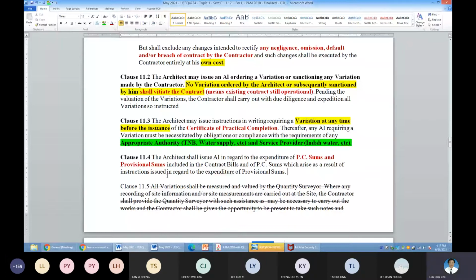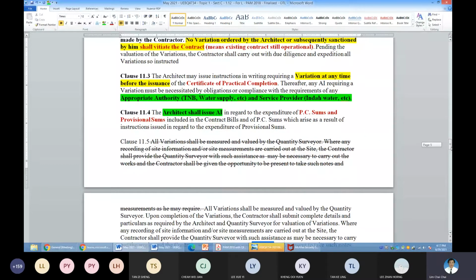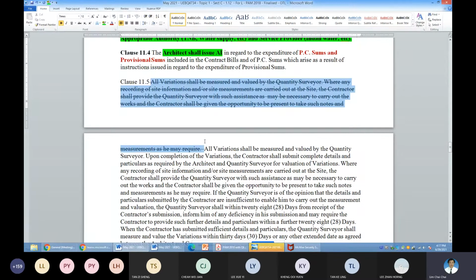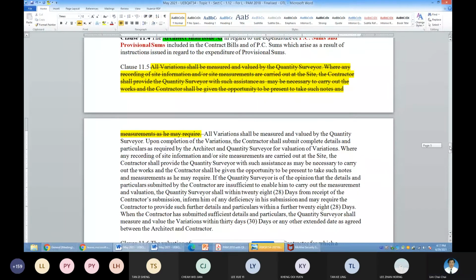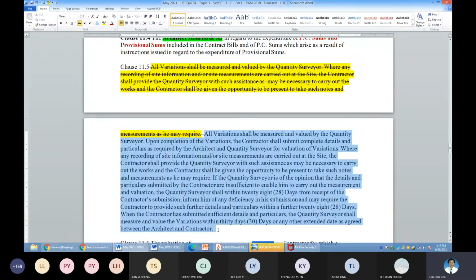So 11.5 is a big change. What you can see here is under the PAM 2006, and now you can see 2018. These are the new descriptions which modify the old clause 11.5 in relation to measurement and valuation.